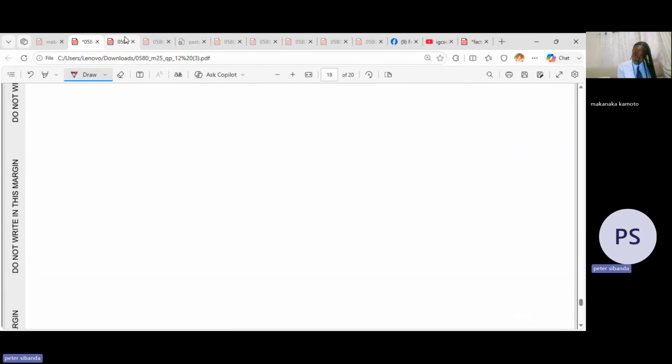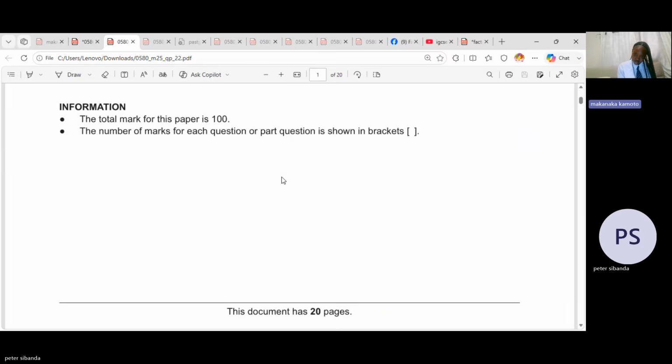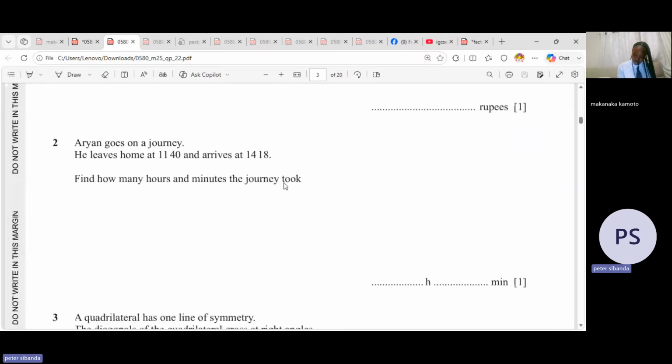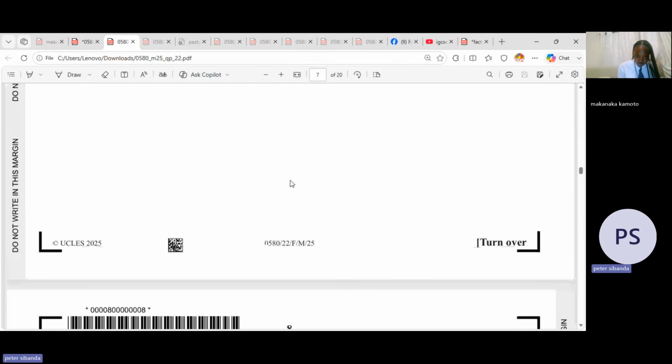Moving to the next question paper. A paper 2 here. Still non-calculator. Let's see if we can get a simultaneous equation.